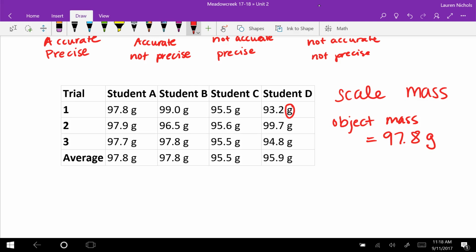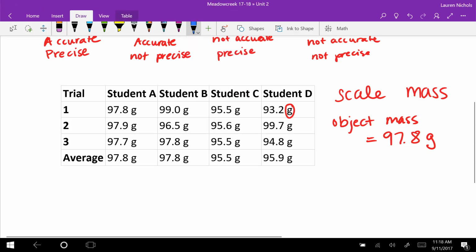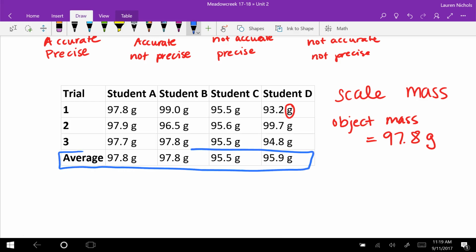Now, to determine accuracy, we need to look at first their average. So the averages for all of their trials are this very bottom row. And if we look at the average for student D, they have an average of 95.9 grams.